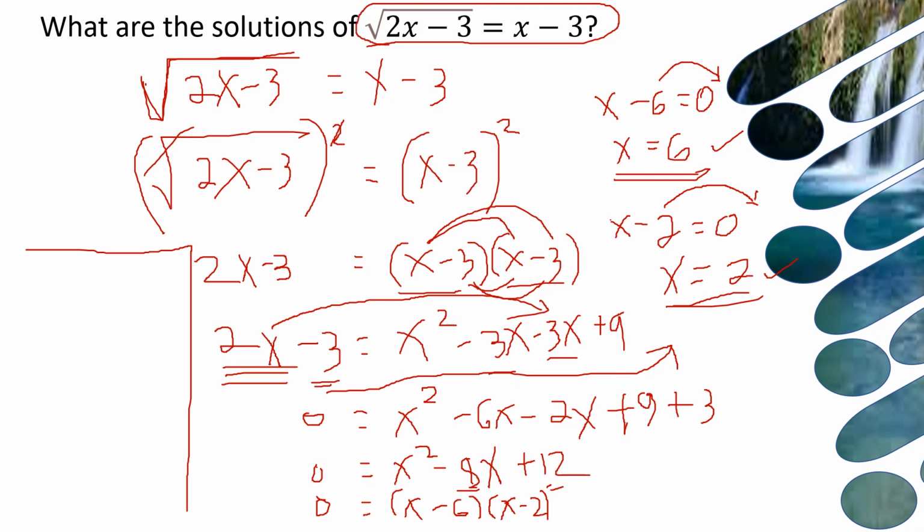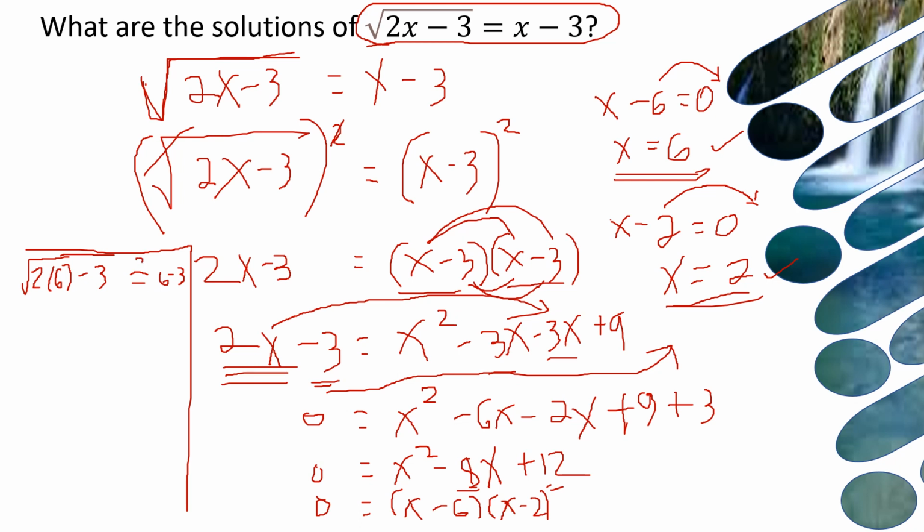We plug in x with 6. So 2x becomes 2 times 6 minus 3, square root of 2 times 6 minus 3 equals 6 minus 3.